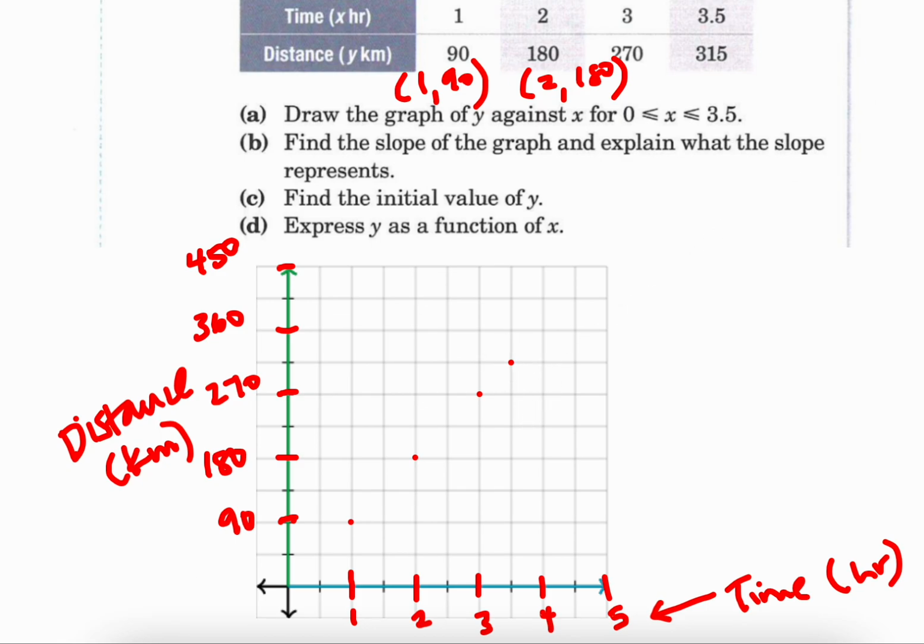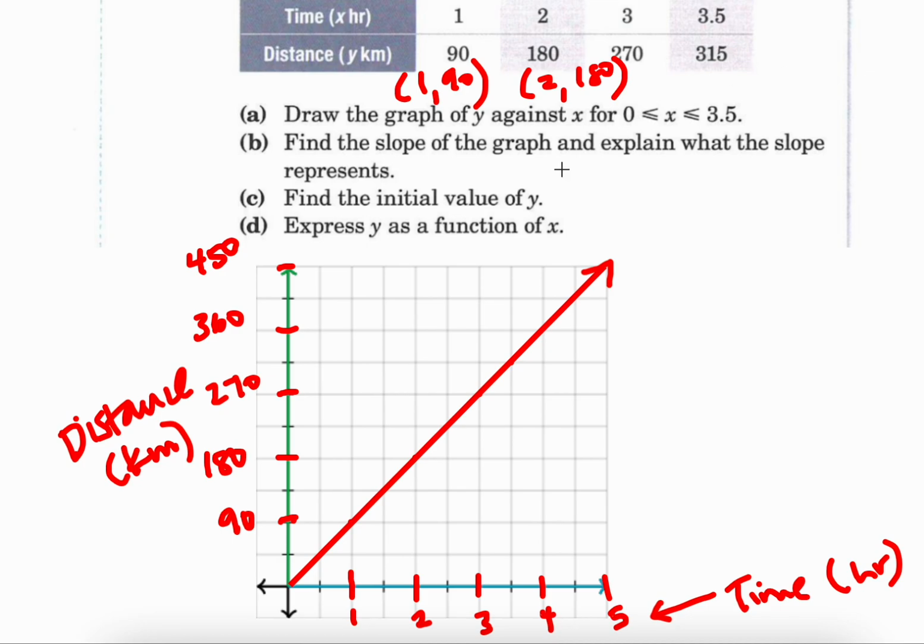Then our graph needs a line going through all the points, and an arrow showing that it goes on forever. I don't need an arrow on this end because your car's not going to travel a negative amount of hours. Okay, so that's A.